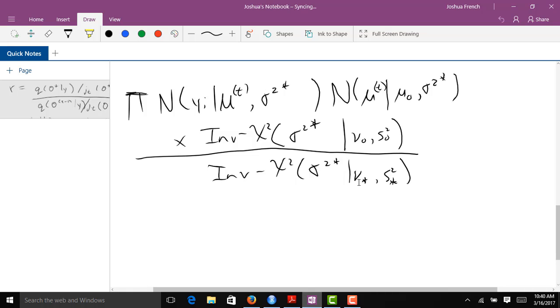The parameters I'm going to use for that density are nu star and s star squared, the values for the jump distribution of sigma squared. Notice here that I am not conditioning on the previous value of sigma squared in my chain. The reason is that I chose the jump distribution for sigma squared to be an independent sampler, so it does not depend on the previous value that I sampled for sigma squared in my chain.